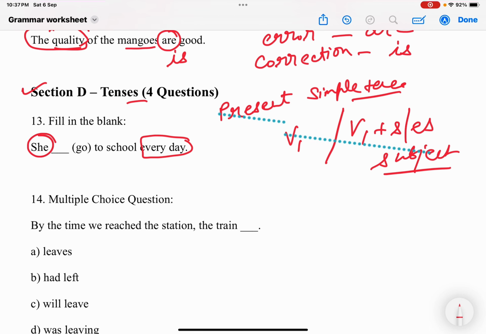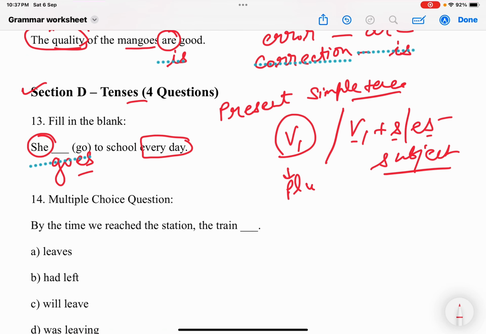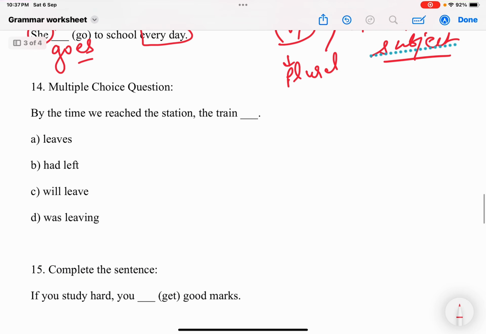So here the subject is singular, she. So we will use goes here. With singular subject, we would use singular verb. First form plus s or es, this is singular. Only first form, this is plural. So here the correct answer is goes. She goes to school every day.